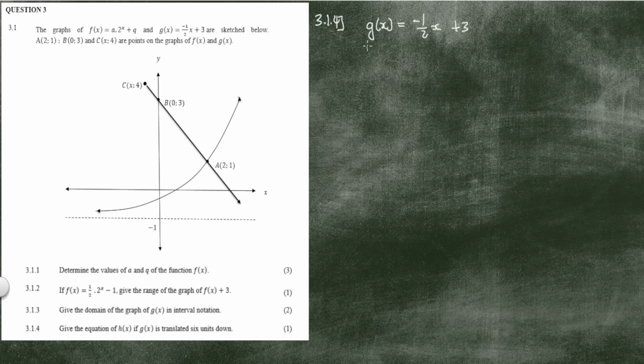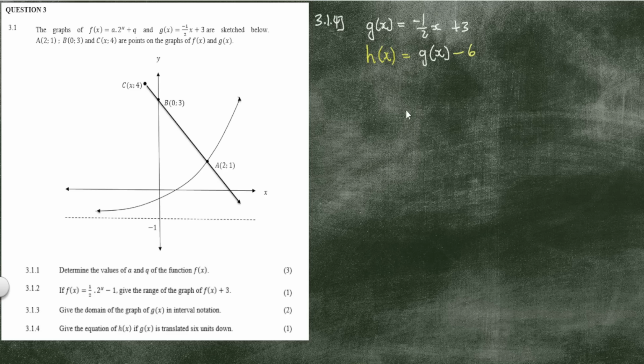There's a new function that is h of x, which is equal to taking g and translating it 6 units down, minus 6. If your function is translated down, you subtract. If it's translated upward, you do what? You add.